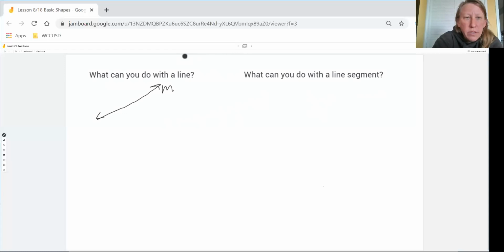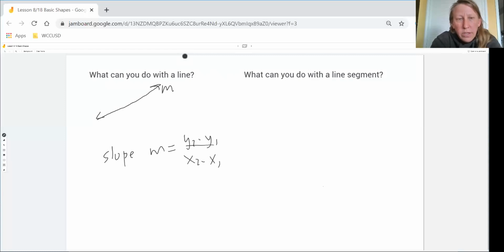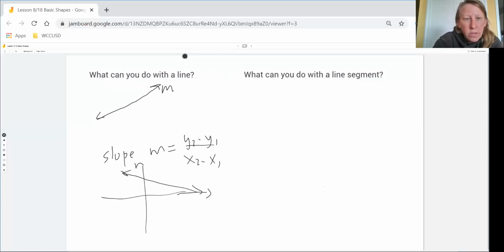In algebra class, we can find the slope of a line, and we can find the equation for a line. Especially if a line is on a coordinate plane like this, I can find the slope. And I can say, this line crosses the y-axis at 2, and the slope is down 1 over 3.